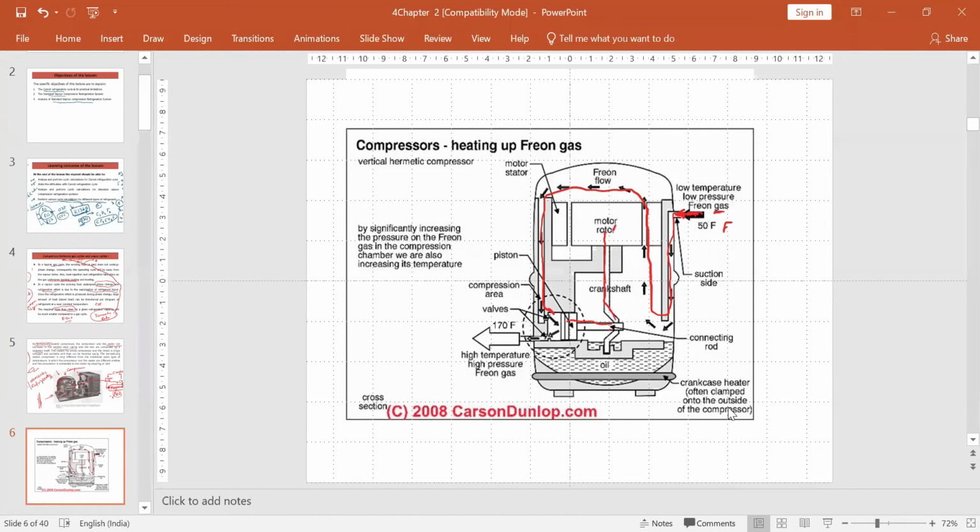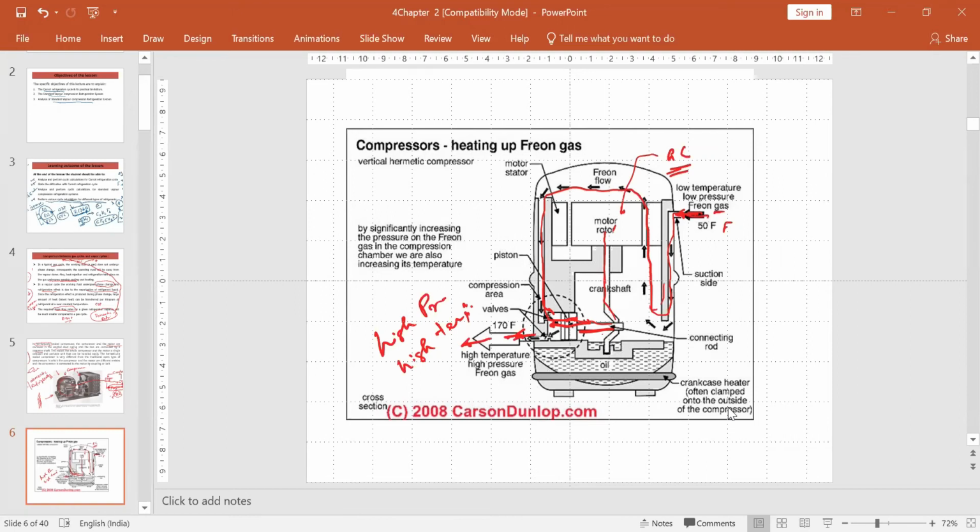The motor is run by AC voltage, that is your electricity, and the freon gas is sucked in. During the stroke, it is compressed, so you get a high pressure and high temperature freon gas at this point. In your cycle, this is the inlet of the compressor and this is the outlet of the compressor.